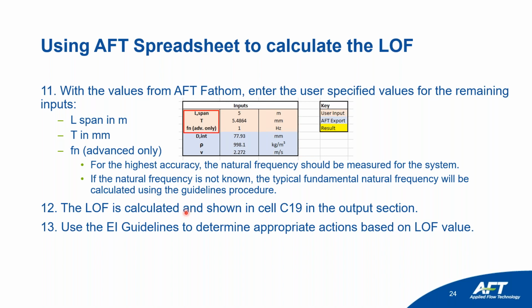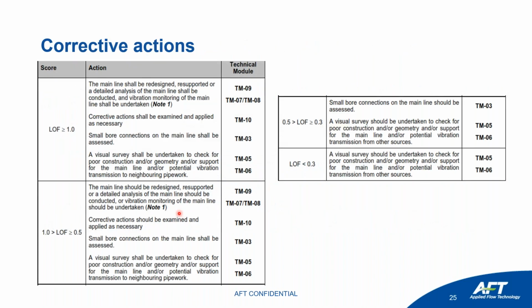You should use the Energy Institute guidelines to determine the appropriate actions based on the LOF value. The Energy Institute guidelines provide guidance for the actions you need to take in case there's a problem indicated by the LOF. Here's the table for the corrective actions. If your LOF is above 1.0, then it provides guidelines on how to address the problem.